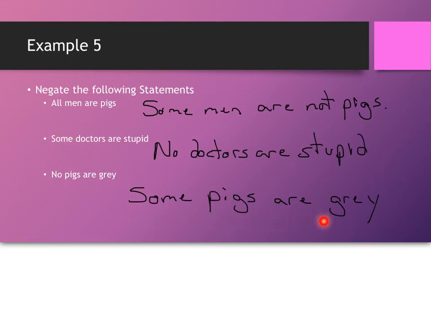All right? Some pigs are gray, some doctors are stupid. Okay? So they're negatives of each other. And that would go for the following: some men are not pigs, all men are pigs. You can start out with this statement, and if I was to negate it, it would negate to that one.